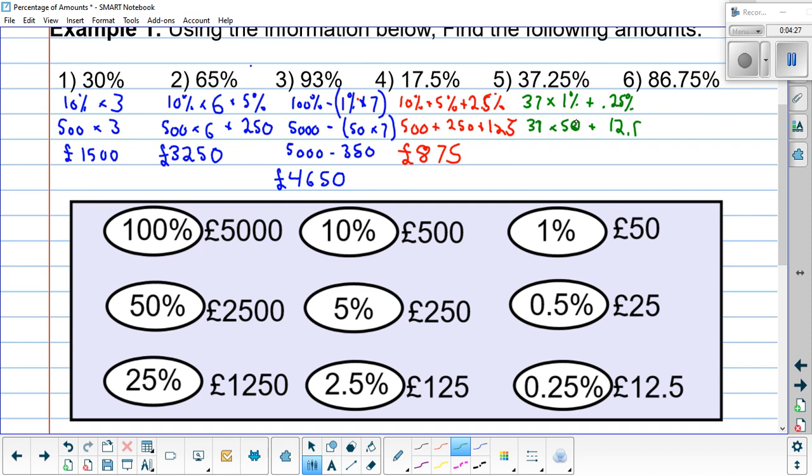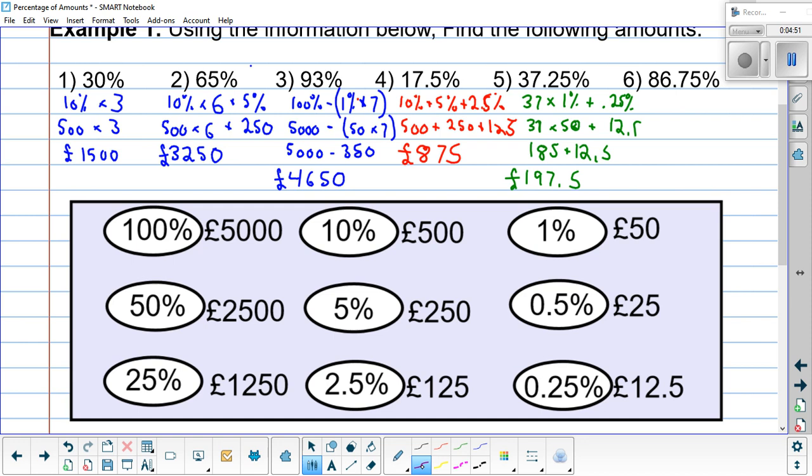Half of 370 would be 185. So 185 plus 12.5 is 197.5. That was actually pretty awkward to do it that way. Sometimes you win, sometimes you lose.